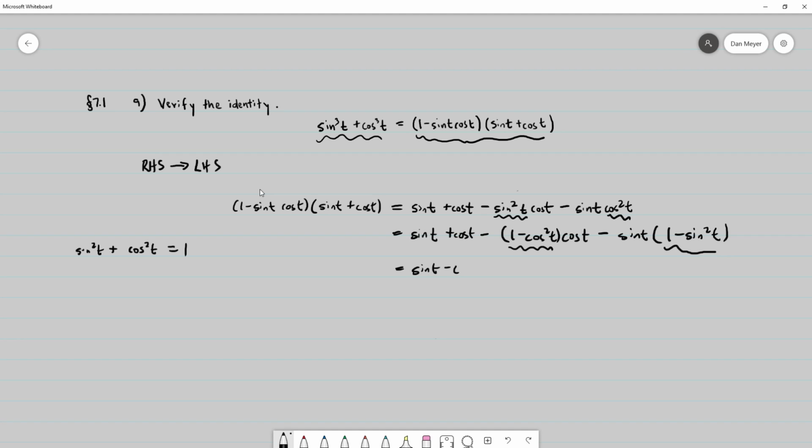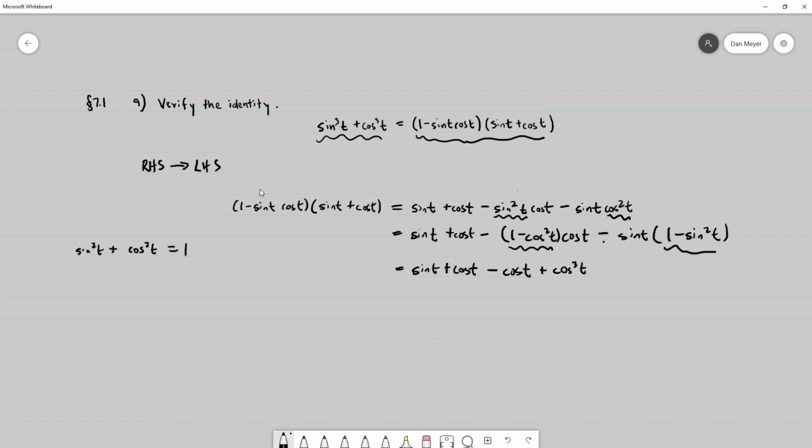When you FOIL things out, be careful about minus signs. Then you get minus cosine t, right? Minus 1 times cosine t. This is supposed to be a plus right here. Minus 1 times cosine t and minus a negative, which makes a positive, cosine cubed t.